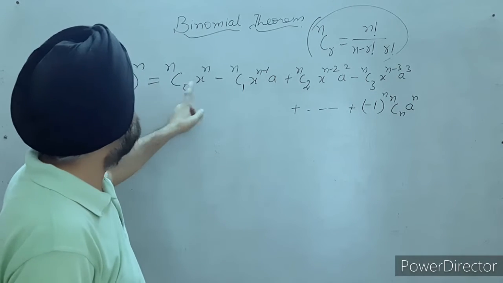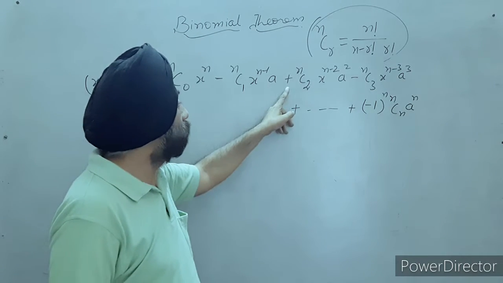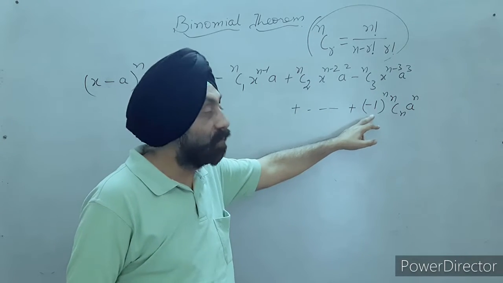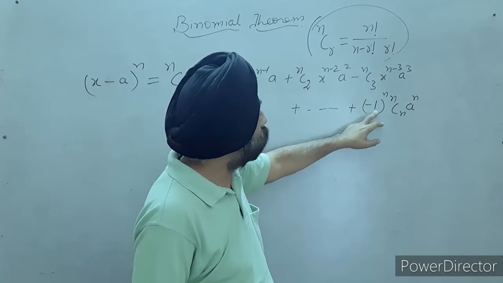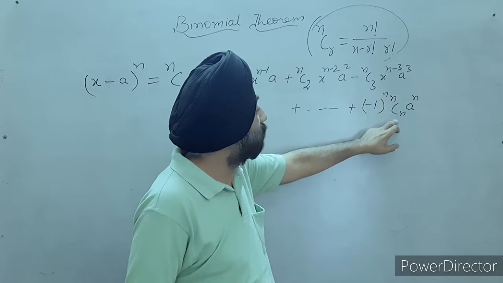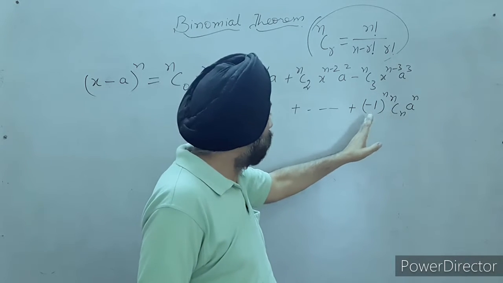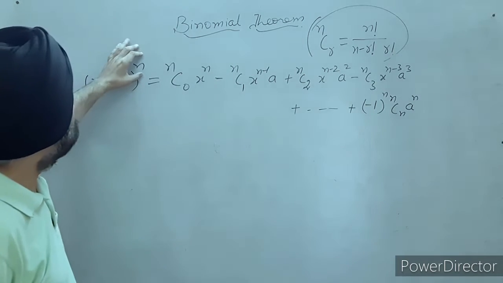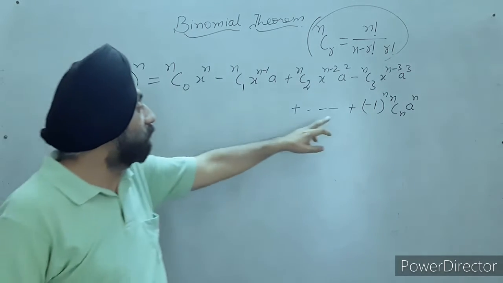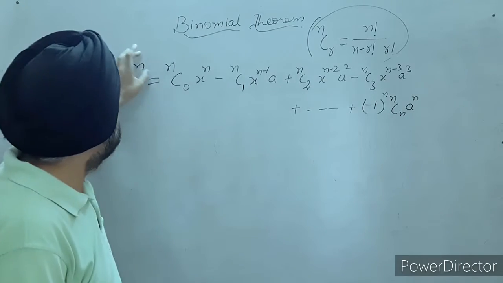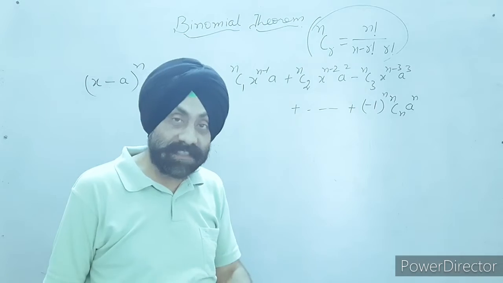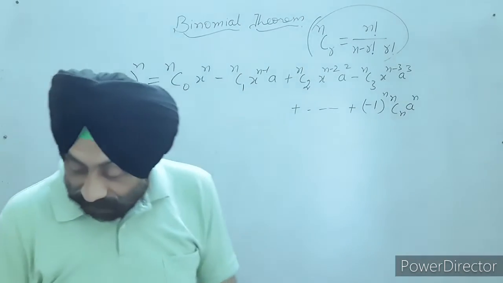The first term is positive, then negative, then positive, then negative, and so on till you reach the last term, that is the nth, minus 1 raised to power n, nCn a raised to power n. I have given you the reason: if n is odd, the negative sign will come here, and if n is even, it will be a positive sign over here. Is it clear?